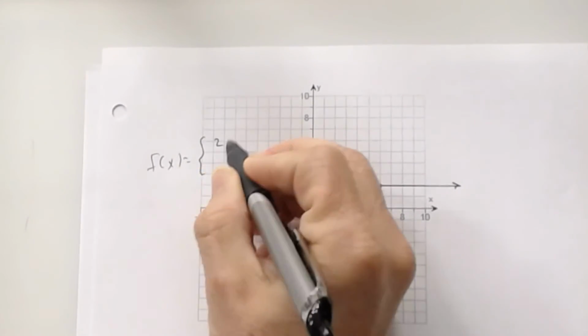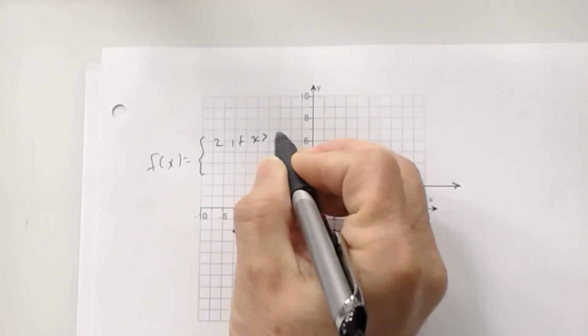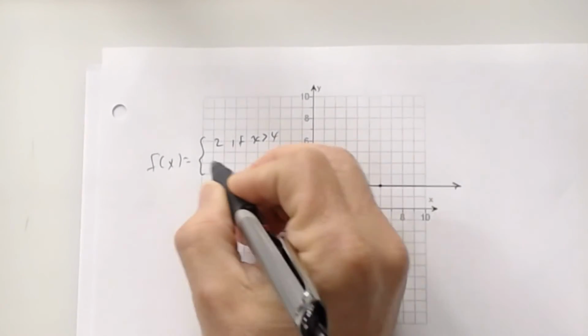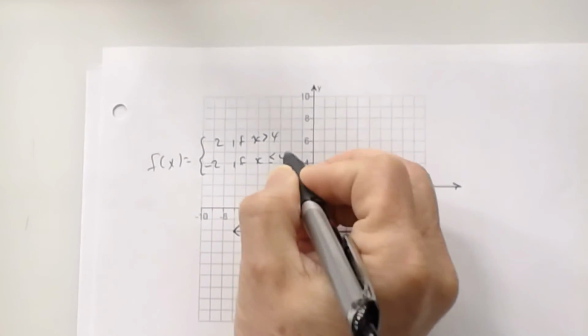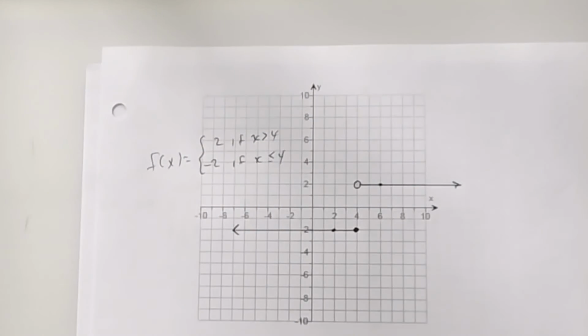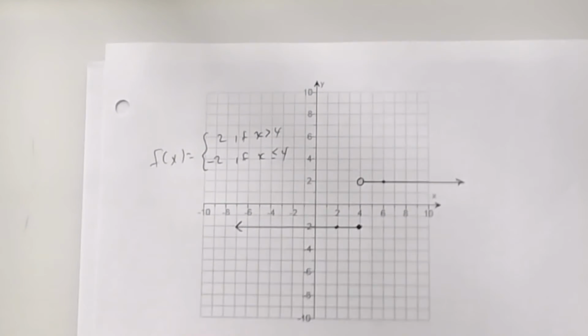2 if x is greater than 4, negative 2 if x is less than or equal to 4. And then finally, let's graph this one.